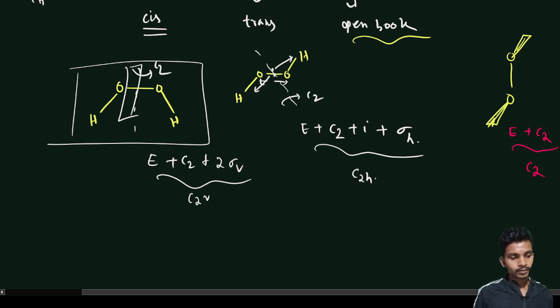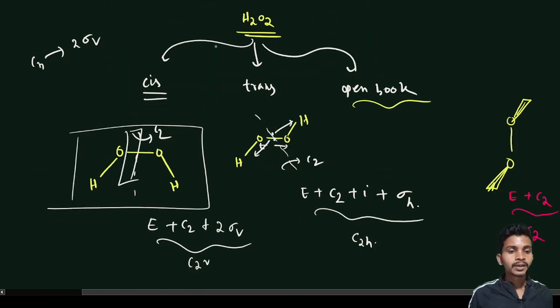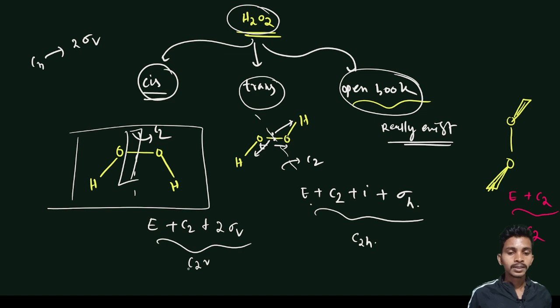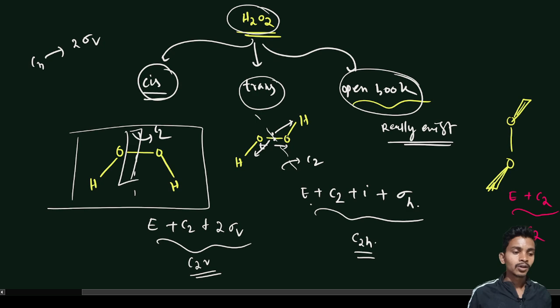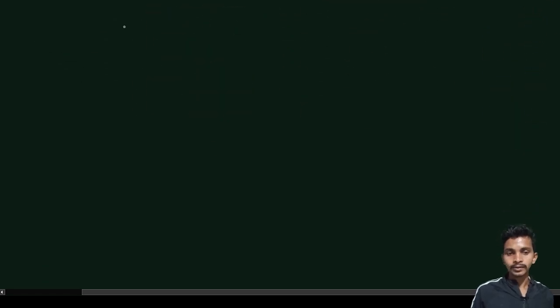Okay, so note that in exams, if H2O2 is given simply, then always assume that this is open book, because this really exists. If it is mentioned that this is trans, then you will do this. If cis, then you will do this. So in cis this is the C2v point group, in trans this is the C2h point group, and in open book in reality this is the C2 point group. Okay, so next we will look at trigonal planar.